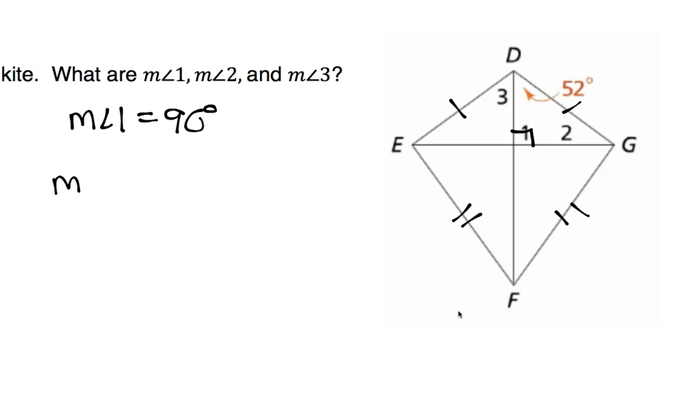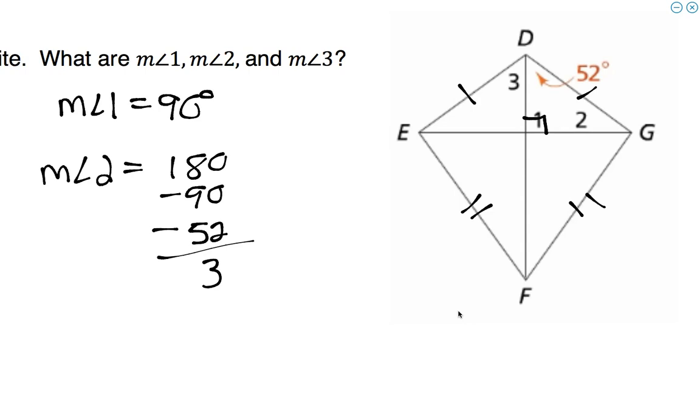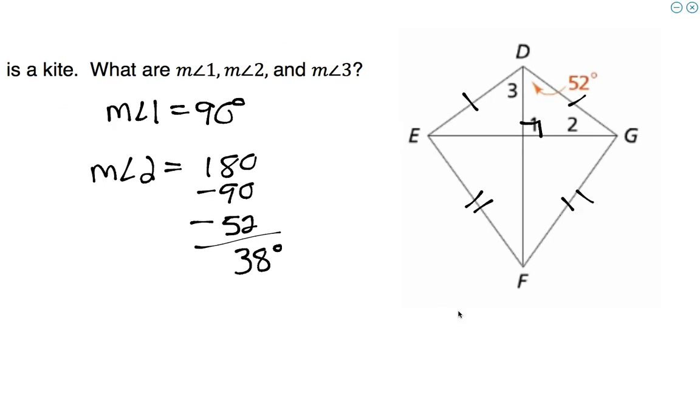That means the measure of angle 2 is going to be 180 minus 90, which is 90, minus 52. That's theorem 3.11. The sum of the interior angles of a triangle should add up to 180. And then the measure of angle 3.